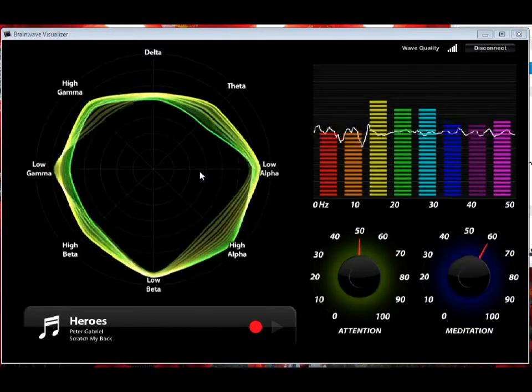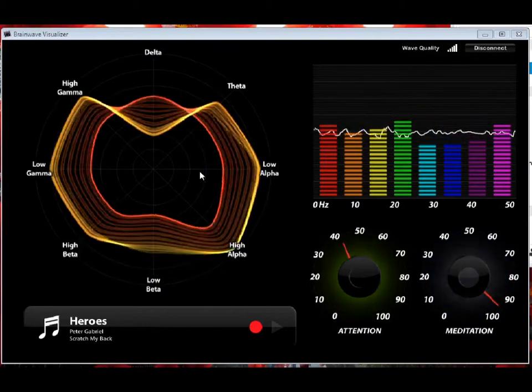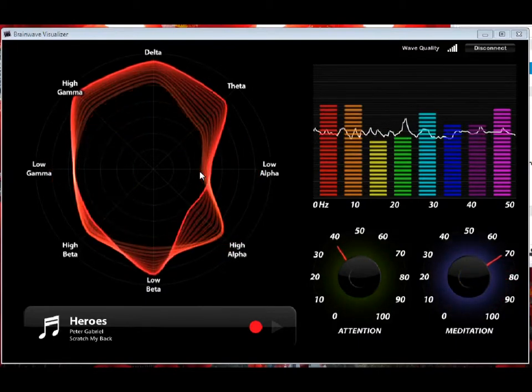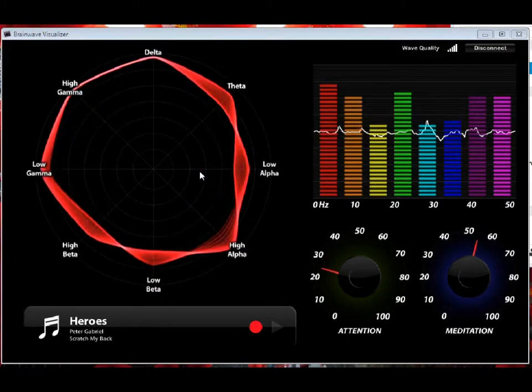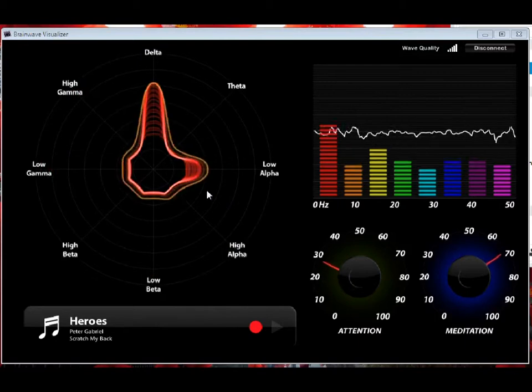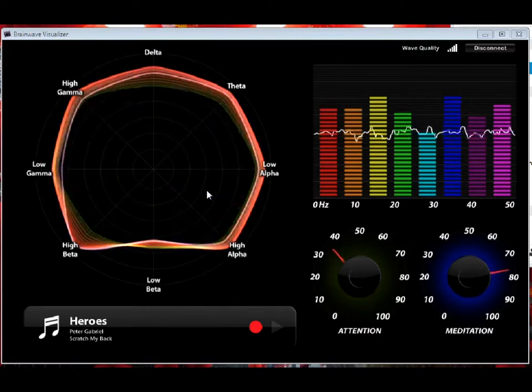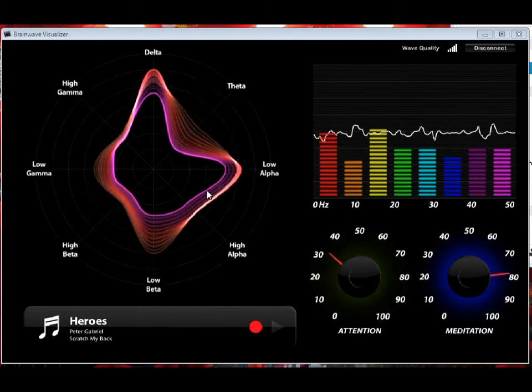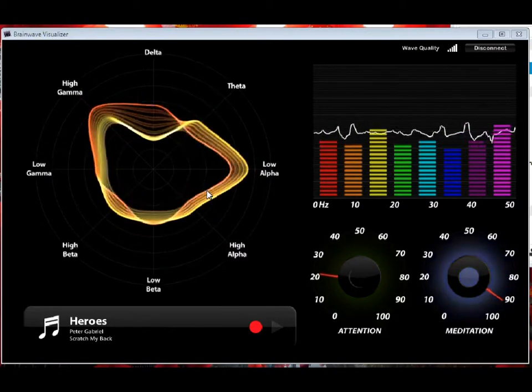easier to understand. Now, what we're seeing here is that we're able to push our scales on attention and meditation. And meditation really is just more the relationship between alpha, theta, and delta, and how that works.